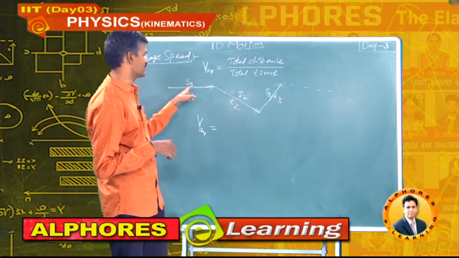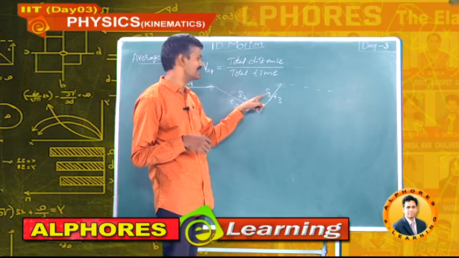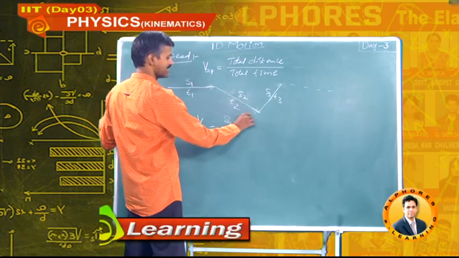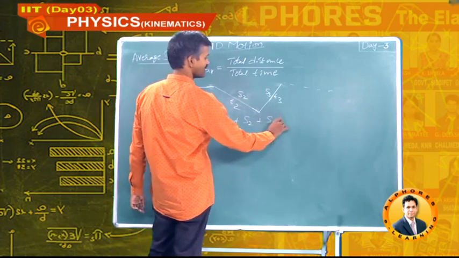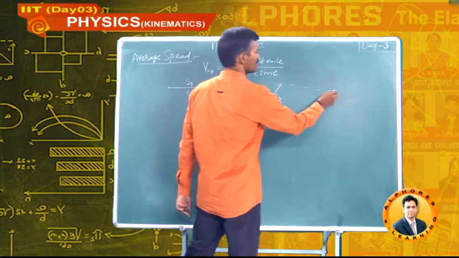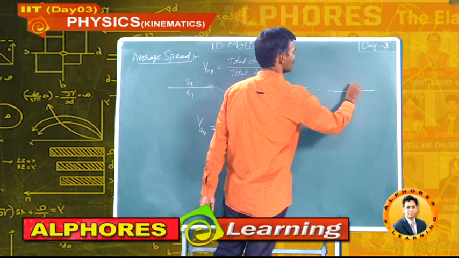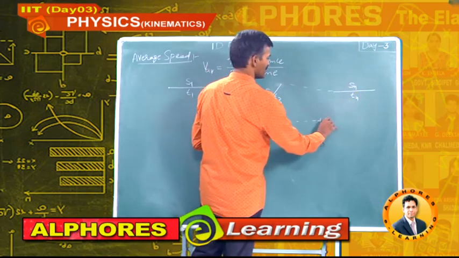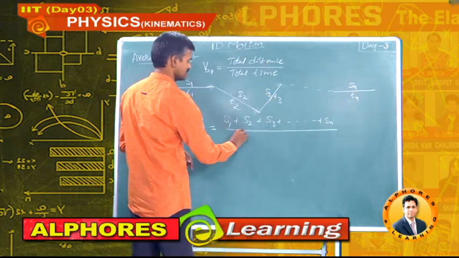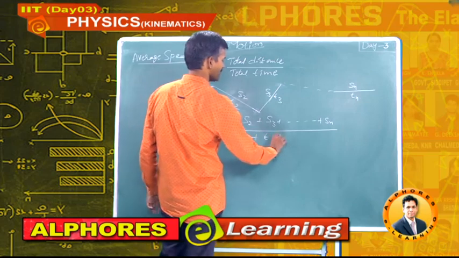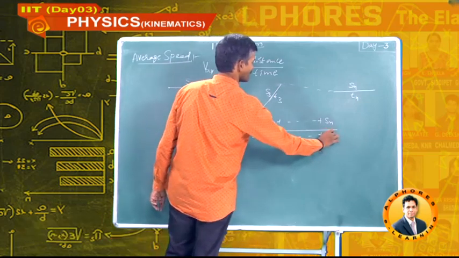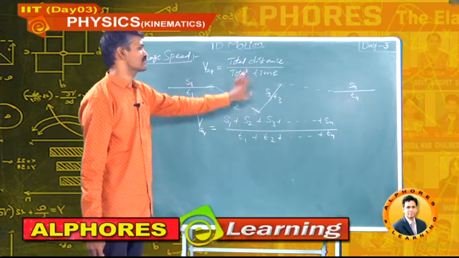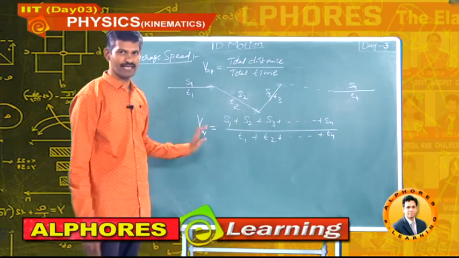Here it travels S1, S2, S3 distances. So, average speed is S1 plus S2 plus S3 and so on, plus Sn, divided by T1 plus T2 plus and so on plus Tn. With this formula we can calculate the average speed of a particular body or particle.